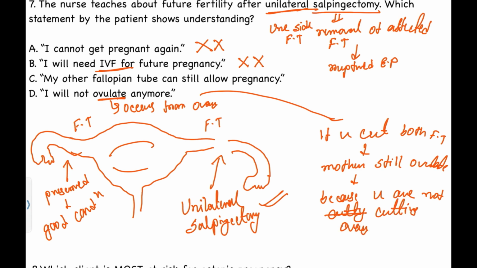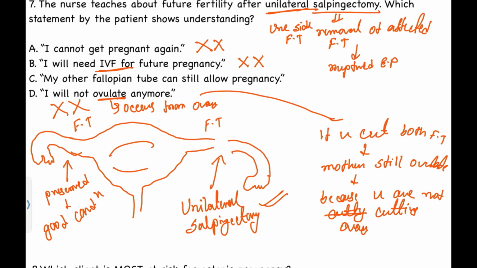So if you do unilateral or bilateral salpingectomy, there won't be any impairment in ovulation. In the question it is mentioned that the mother had a unilateral salpingectomy, so there is no problem in ovulation. If the mother says I will not ovulate anymore, that indicates she does not understand the concept of unilateral salpingectomy. That's why option D won't be the answer.